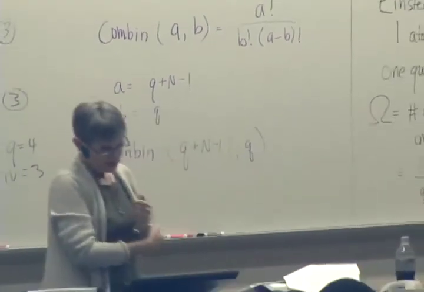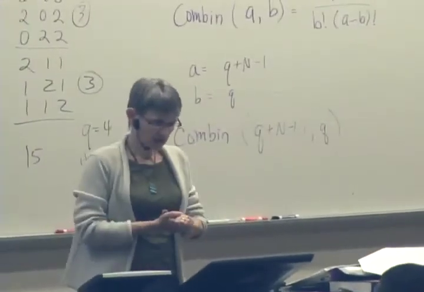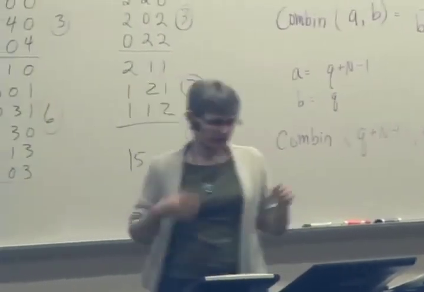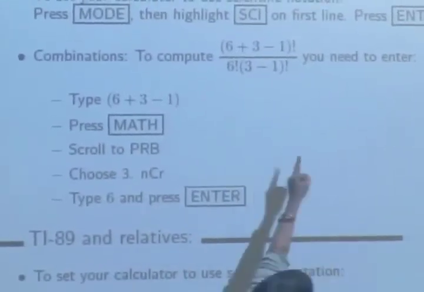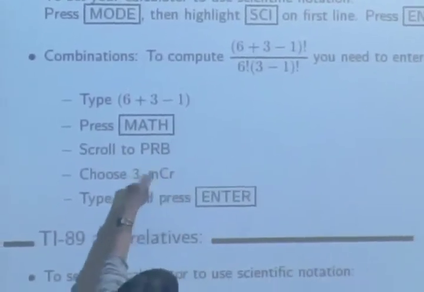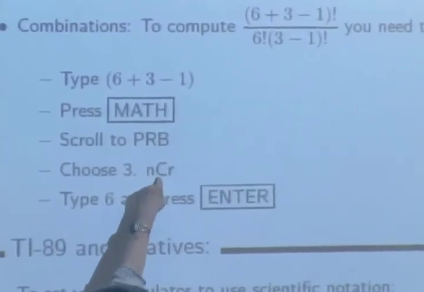So how do you do this? Well, on a TI-83, you press the math key, and then you scroll across. There are 4 things at the top. You scroll across to probability, and you choose 3, which gives you this n choose r.